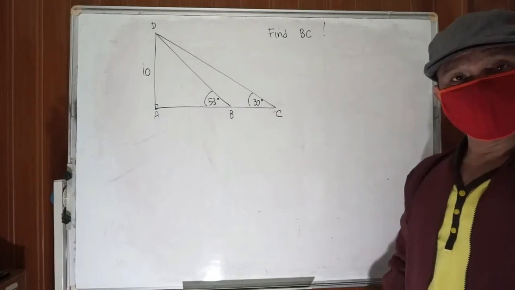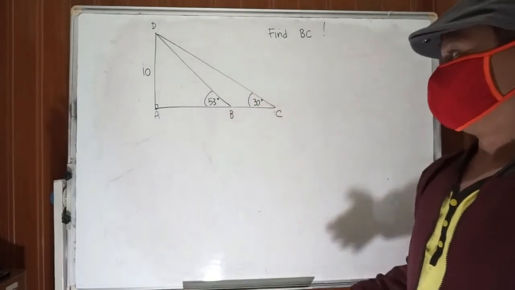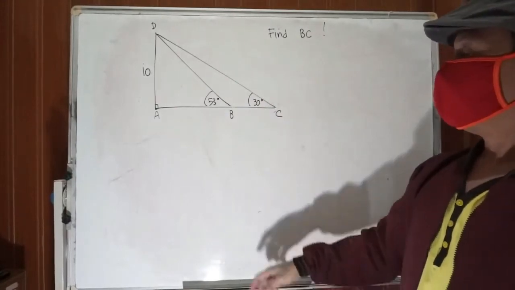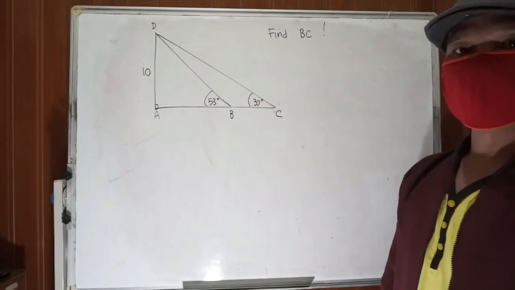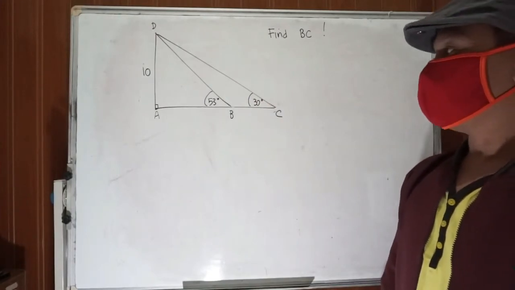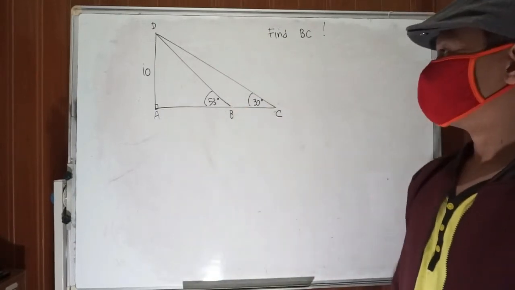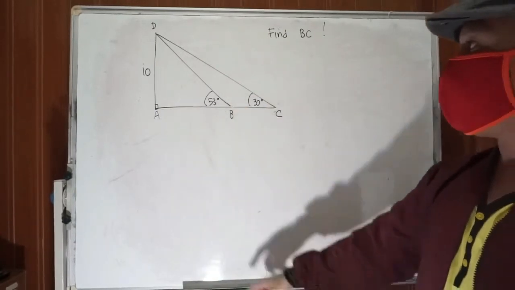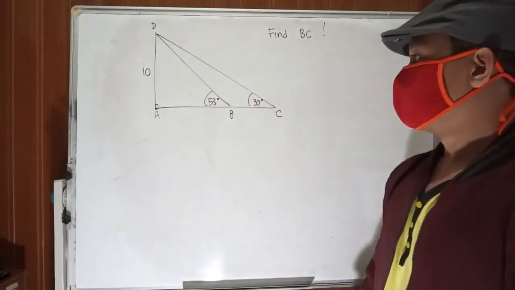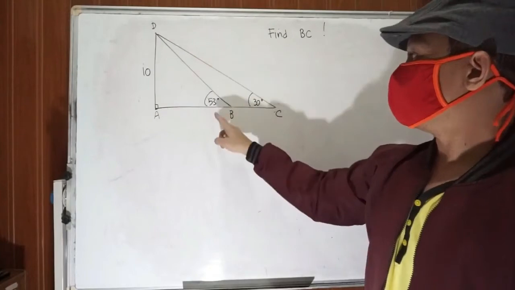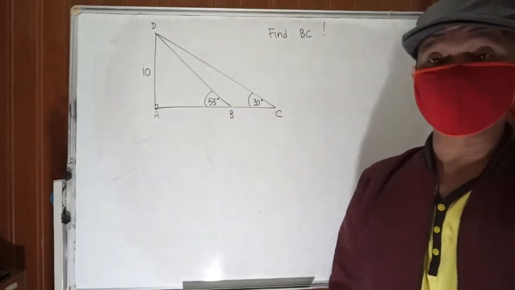On my whiteboard, you can see there is a right angle triangle. The right angle is ACD, with 90 degrees at point A. The information is that the height of this right angle triangle is 10, and then angle ABD is 53 degrees and angle ACD is 30 degrees.